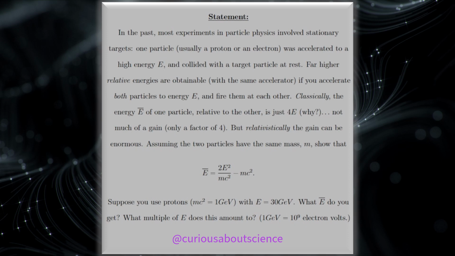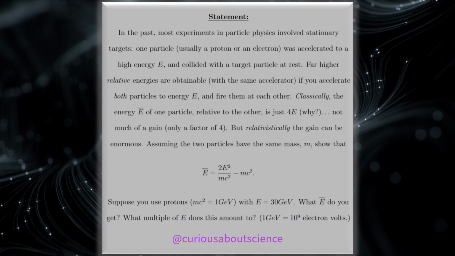Far higher relative energies are obtainable with the same accelerator if you accelerate both particles to energy E and fire them at one another. Classically, the energy E bar of one particle relative to the other is just 4E. Why? Not much of a gain, only by a factor of 4, but relativistically, the gain can be enormous.